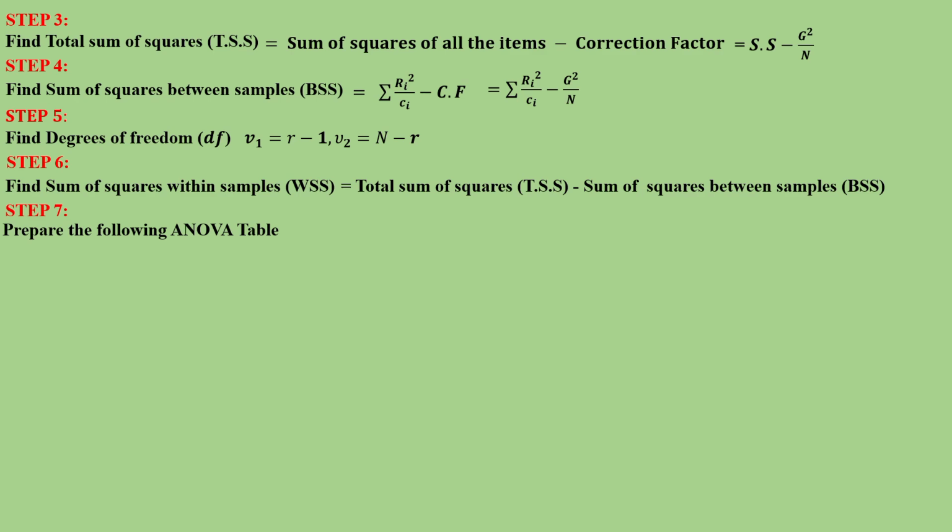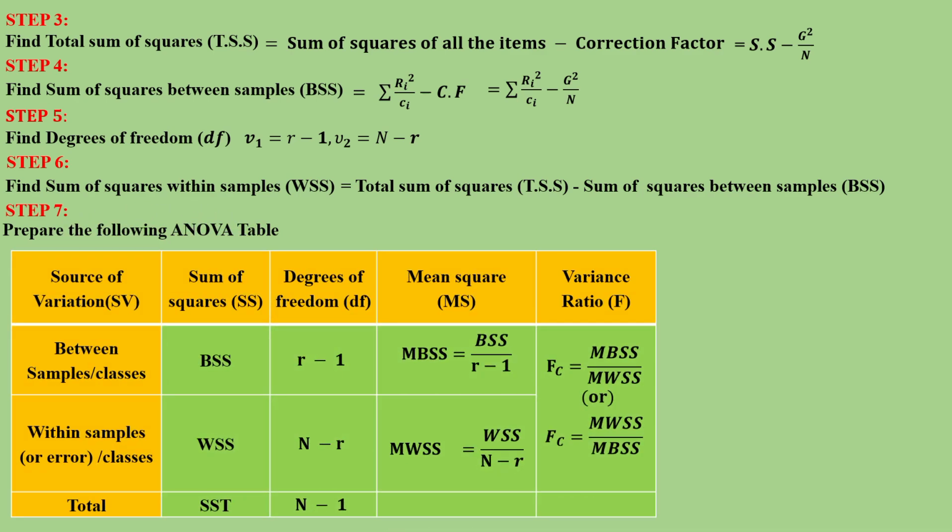Prepare the ANOVA table. So this is the ANOVA table, with source of variation: between samples, within samples, and sum of squares. First BSS, second WSS, right? Down at the bottom, the total sum of squares, TSS or SST. Degrees of freedom: r minus 1, n minus r, then add up to n minus 1.